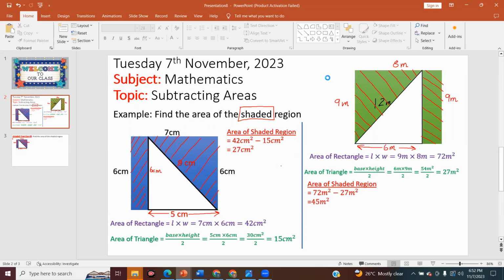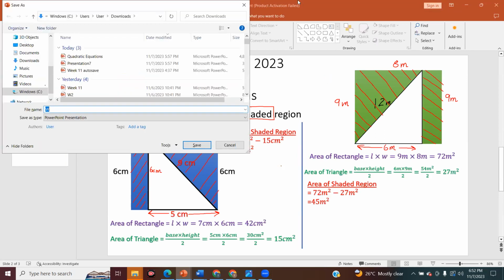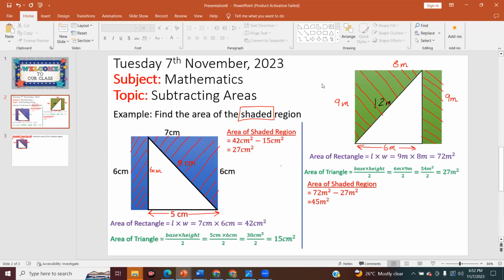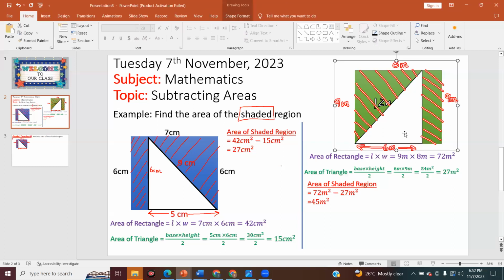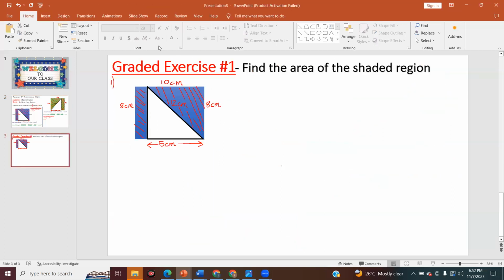For those who missed the first slide, let me just take a picture of it. I noticed that some people just came, so let me give you all the first slide. That's what we did on the first slide. And then we go on to the next one.